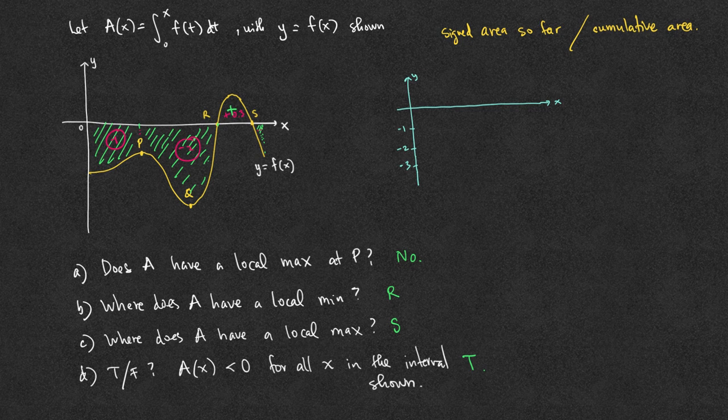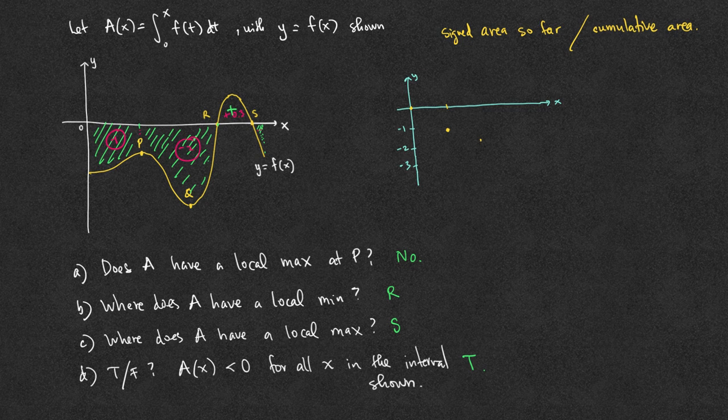If we were to plot the point x comma A of x with these made-up numbers, then when x equals 0, A of 0 is 0. At the point P, whatever that x is, A is negative 1. When we get to Q, we still end up with a negative y value as well.